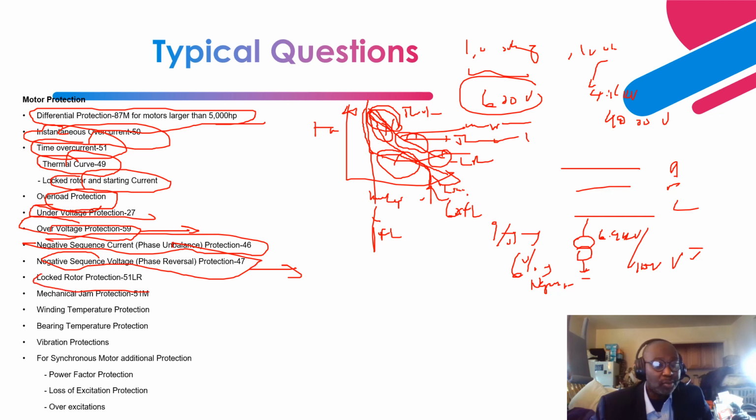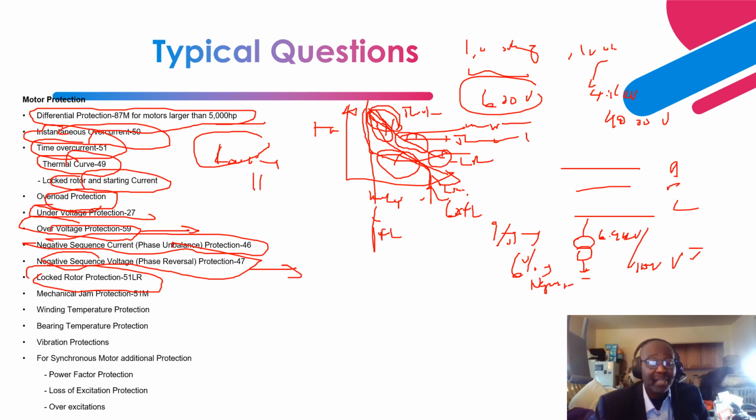Next is locked rotor, right? During starting of the motor, the rotor of the motor can lock in place and fail to turn. There can be a low voltage condition, not adequate voltage that is needed for the motor to accelerate to attain full speed, and that could cause a locked rotor condition.